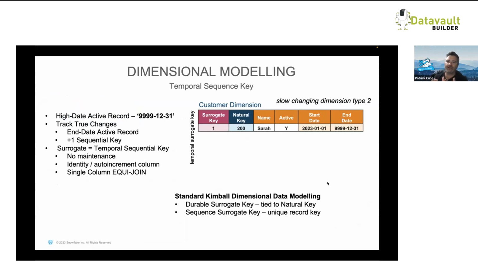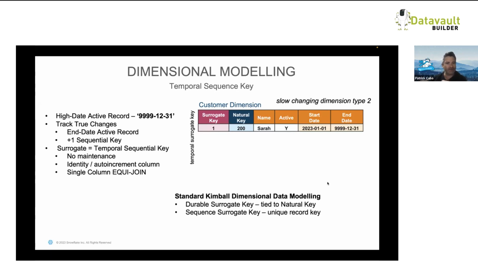And you would have a sort of helper column that's added to it. And in this case, it's a surrogate key, right? There's generally two types of surrogate keys in dimensional modeling. It's the durable key that retains the same value when the same natural key arrives in that dimension table, or you have a sequence key, which then starts to act like a temporal key because it's a record counter for your table.